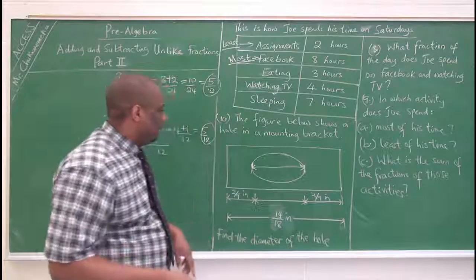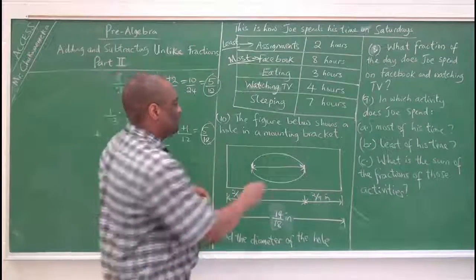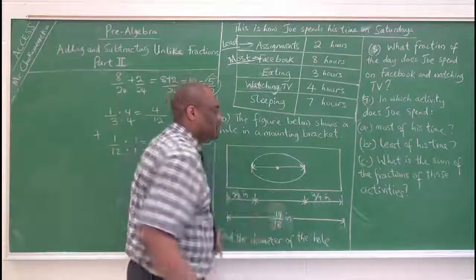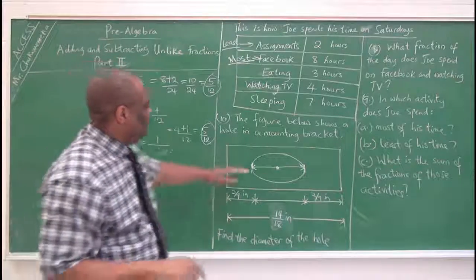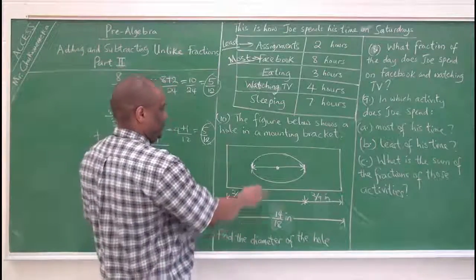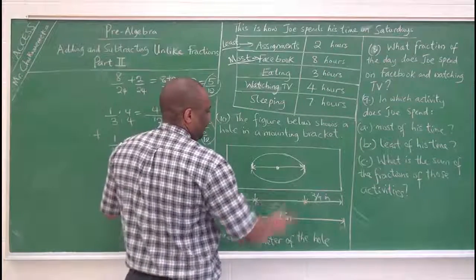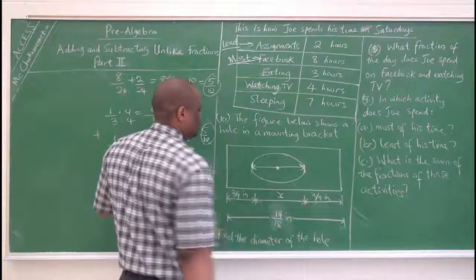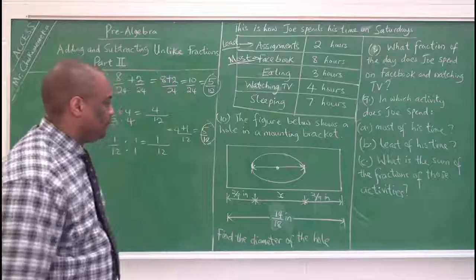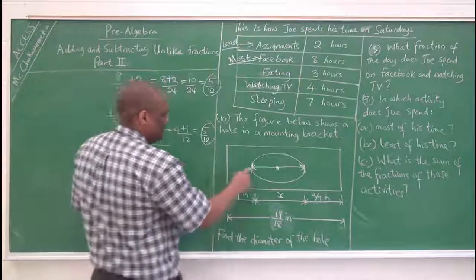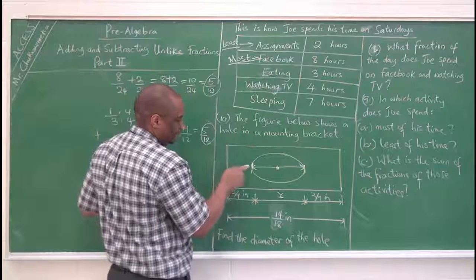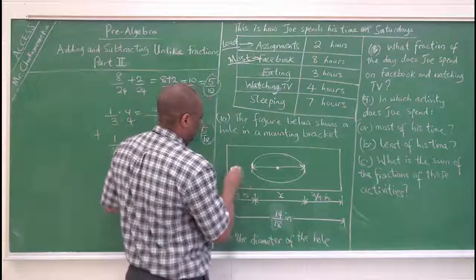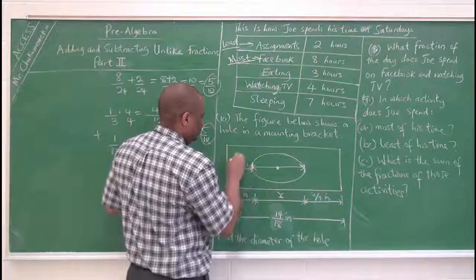The diameter must also pass through the center. This is the diameter that they're asking us to find. We can just call it X, or we can call it D. From this end to this end is 2 out of 9 inches. From here to here is 2 out of 9 inches.